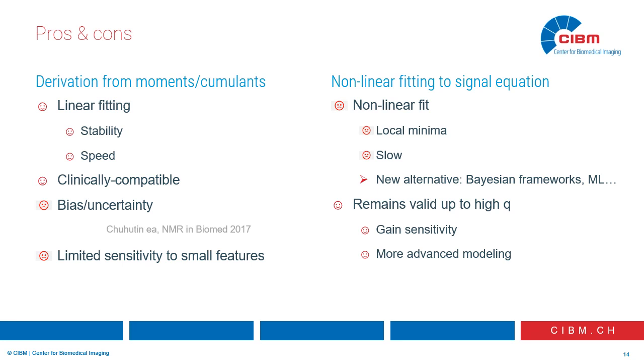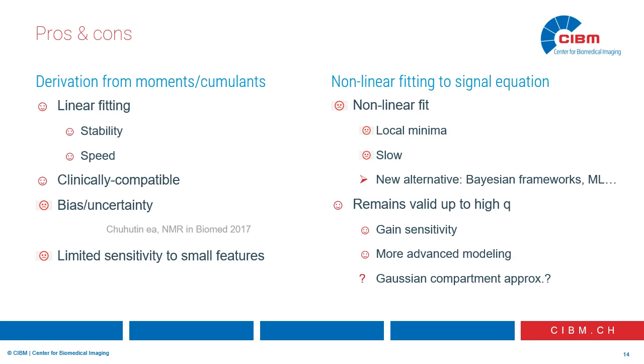On the upside, the signal equation remains valid up to high Q. So you may gain sensitivity from using higher b values to estimate your model parameters, and you may also have access to more advanced modeling because you're able to be sensitive to more advanced or smaller features.